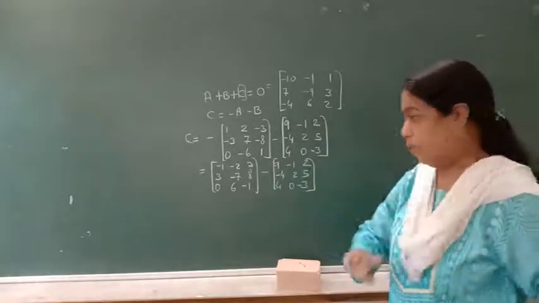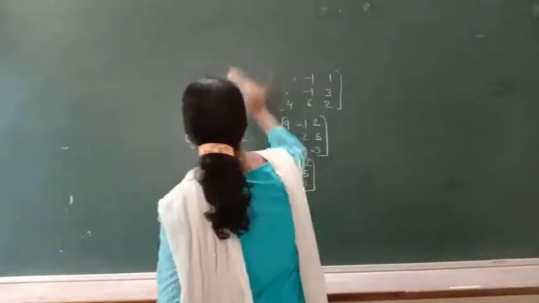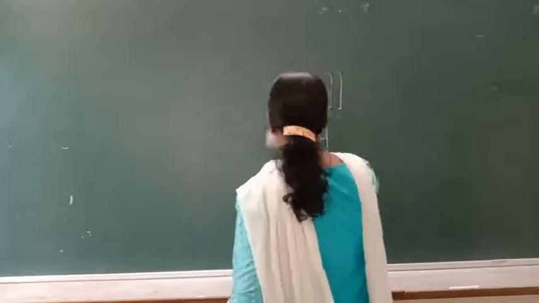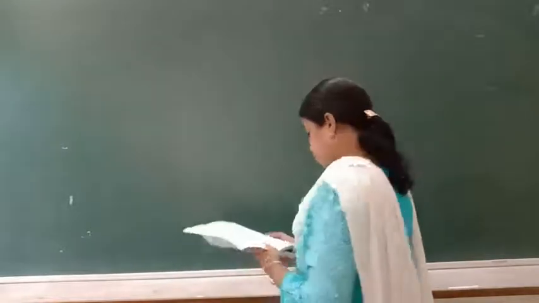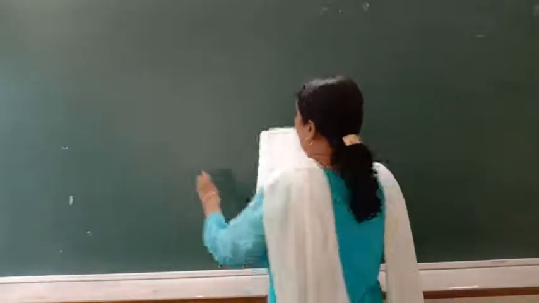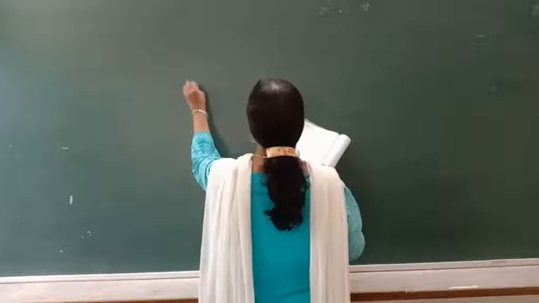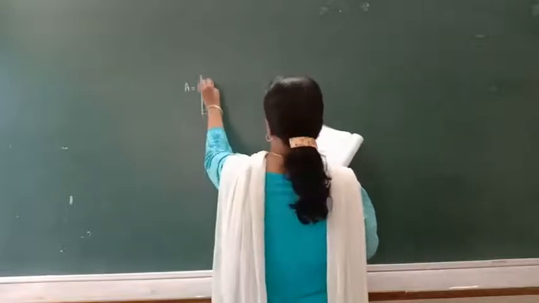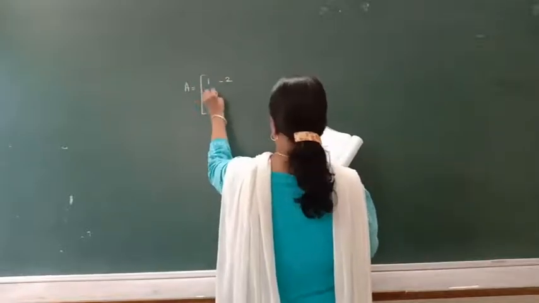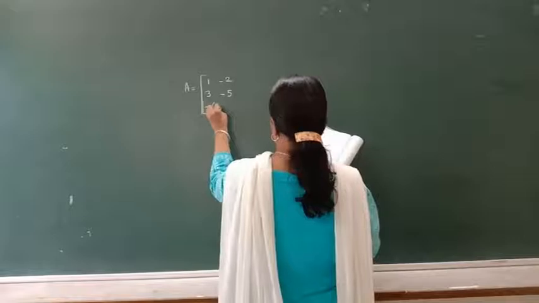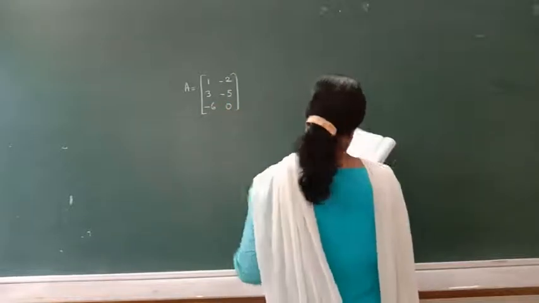Okay. Now next sum. A is equal to [1 -2 3; 5 -6 0].